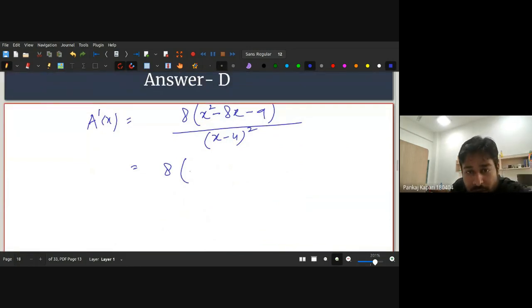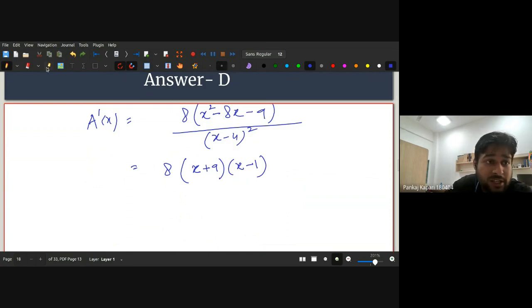Okay, let's see how we can factor it. We can write x plus 9 and x minus 1. Then I'll get plus 8x, so I have to change the sign in the factorization.